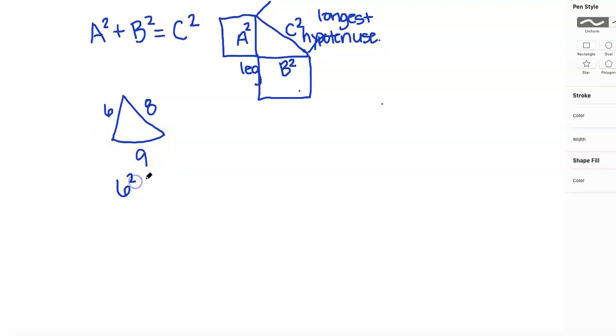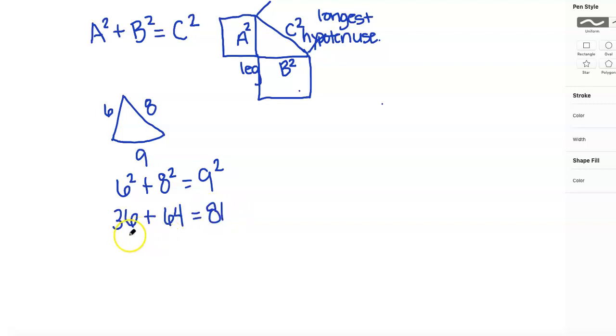So I'm going to say 6 squared plus 8 squared is going to be equal to 9 squared. Okay, 6 squared is 36 because 6 times 6 is 36. 8 times 8 is 64. And 9 times 9 is 81.